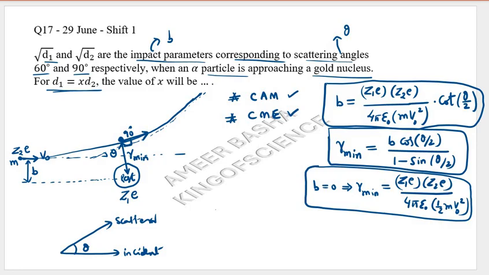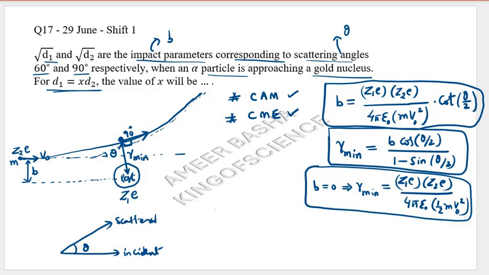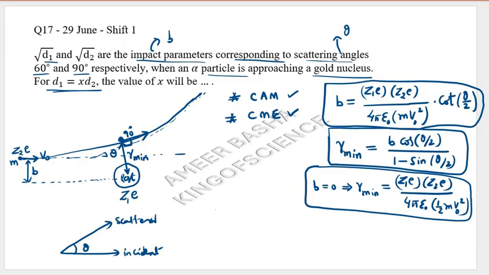In one line, b is directly proportional to cot of theta by 2. In the first case, root d1 and root d2 are the impact parameters when the angles are 60 degrees and 90 degrees.